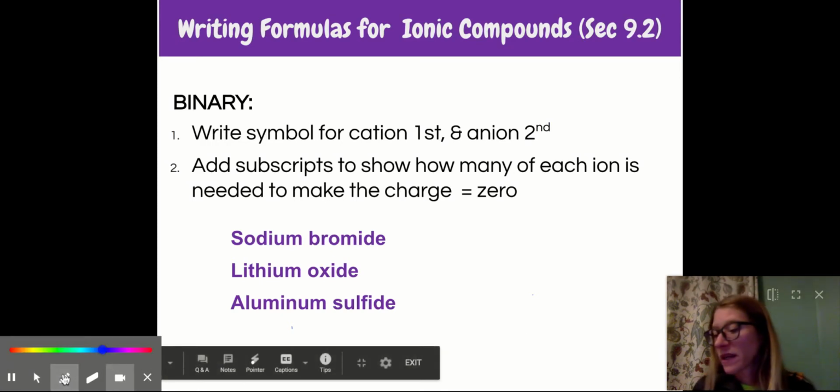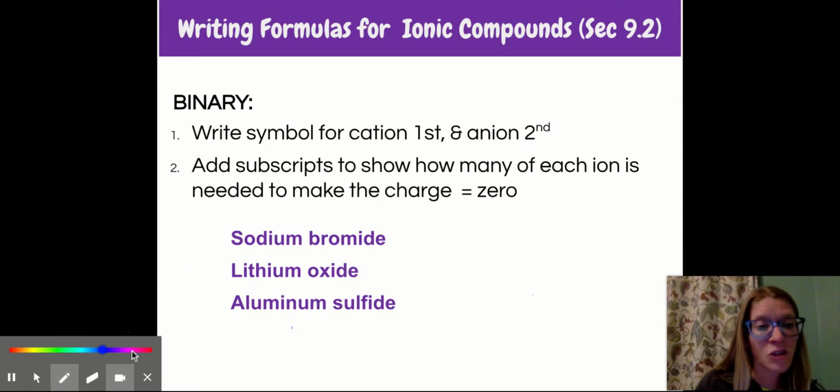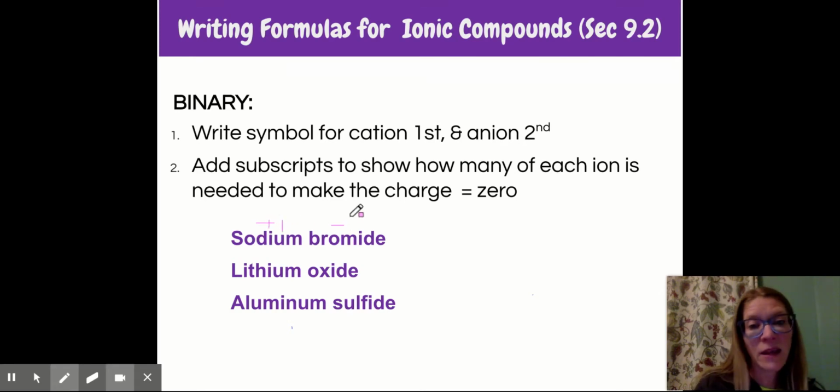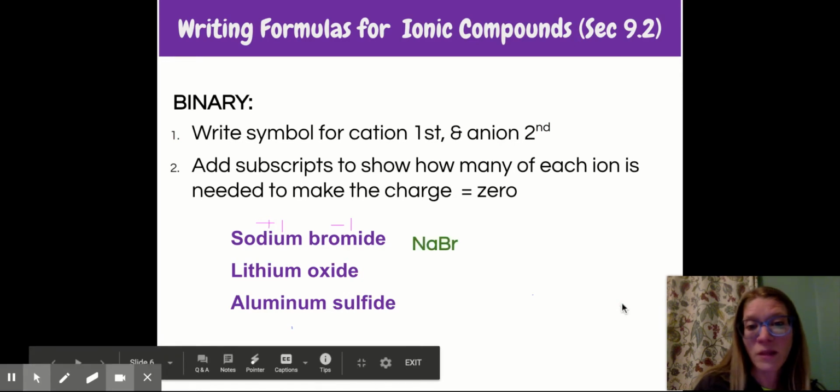So again, using your periodic table of ions, if you look at the charges, sodium has a +1 charge. Bromide has a -1 charge. So because these two are already equal and opposite, we only need one sodium and one bromide. So the formula would be NaBr.